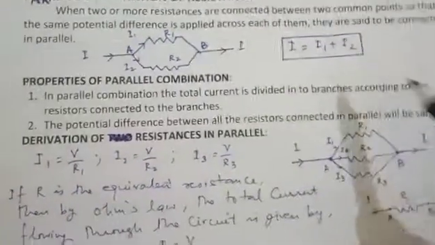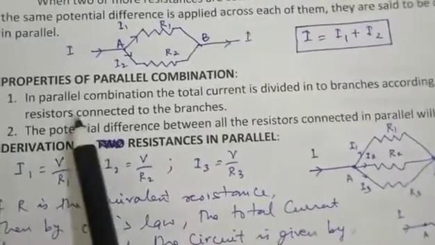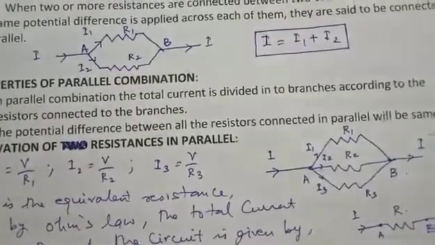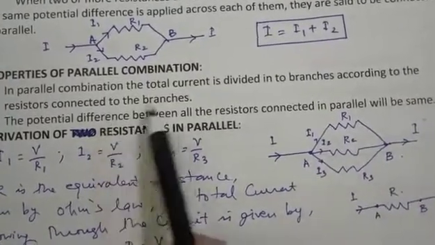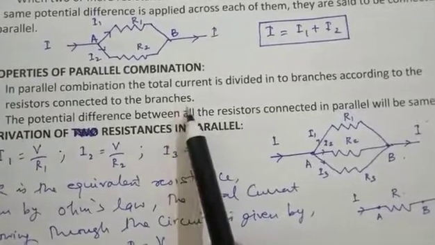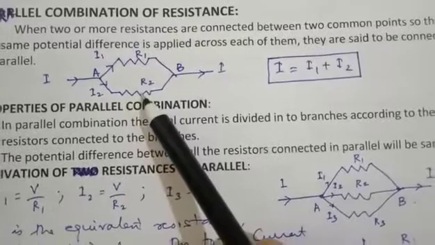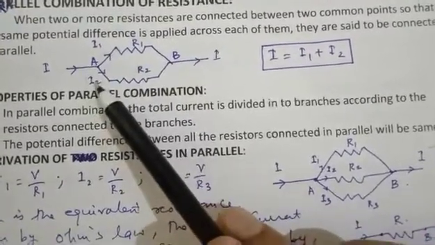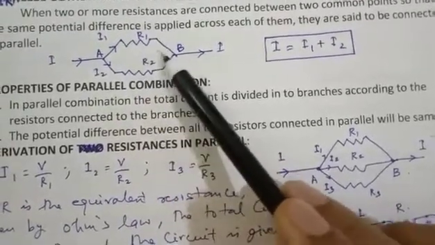Now on the basis of this, the properties of parallel combination are: number one, in parallel combination, the total current is divided into branches according to the resistors connected to the branches. That means, in the figure here, the current has been divided into I1 and I2, and these two currents depend upon the values of R1 and R2.